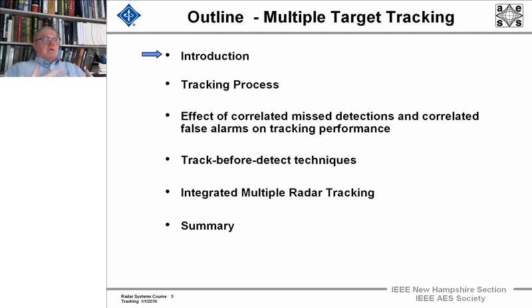That way you could run the radar at a higher false alarm rate, but see targets that are smaller. And so that's the genesis of the track before detect technique, and we'll go over that, and then we'll look at integrated multiple radar tracking, and then summarize.